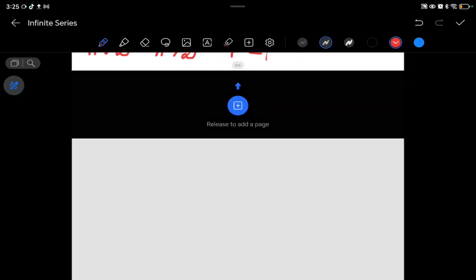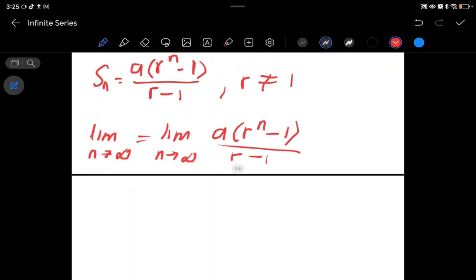Then here we know that r is not equal to 1, all right? If r is not equal to 1, it's either r is less than 1 or it's greater than 1. You agree, right? So I'll have two solutions for this.